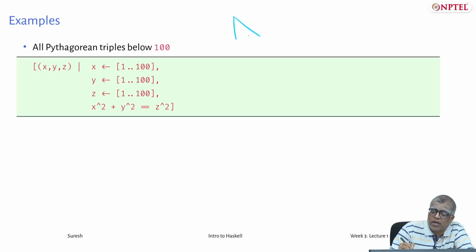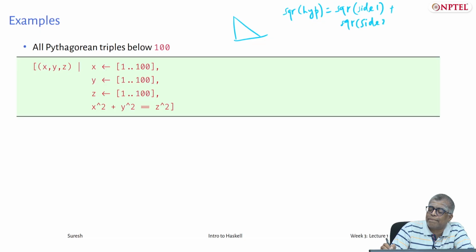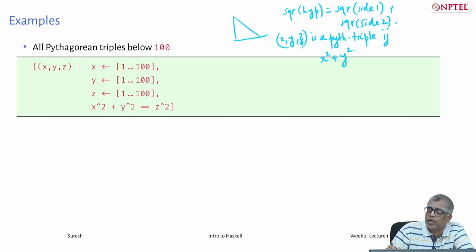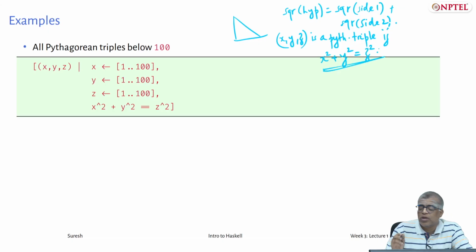Recall that Pythagoras theorem says that square of hypotenuse equals the sum of squares of the two sides, side 1 plus side 2, or in other words, xyz is a Pythagorean triple if x squared plus y squared equals z squared, right. So that's what I want to check.